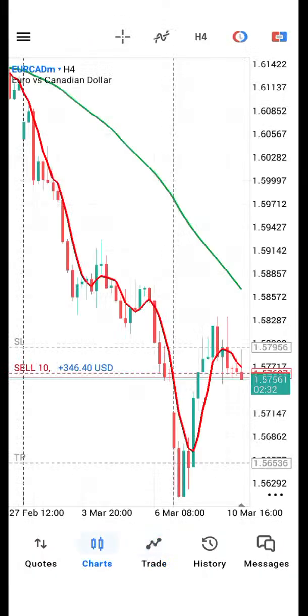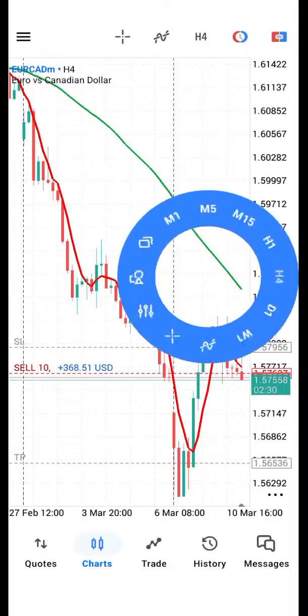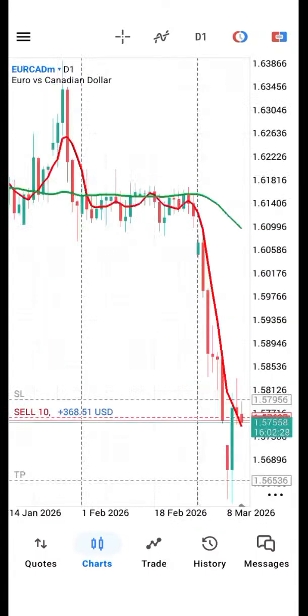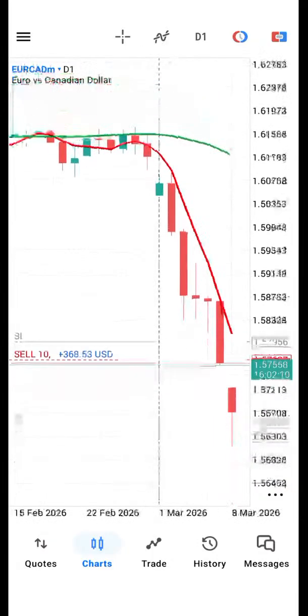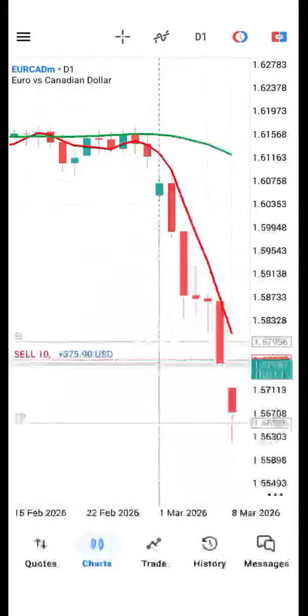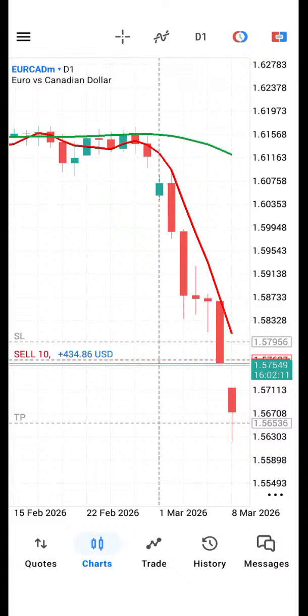Another thing I've not checked is the daily time frame. Oh God, this is beautiful. Can you see there? When this market started falling last week, immediately it broke. If I had used my strategy, I would enter from there to sell and keep it.